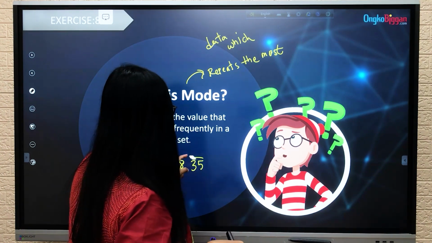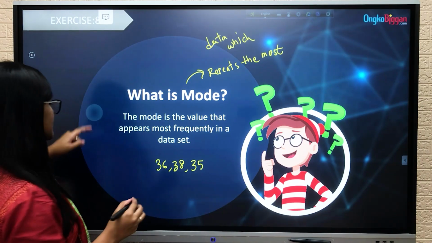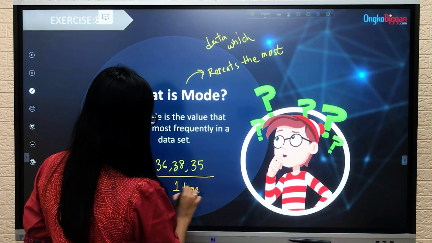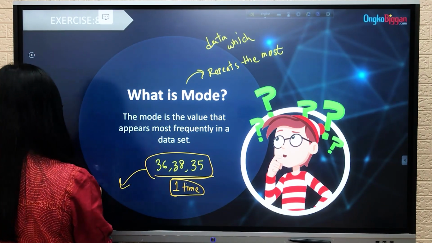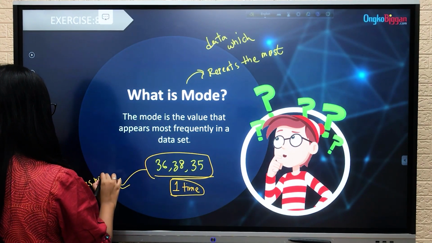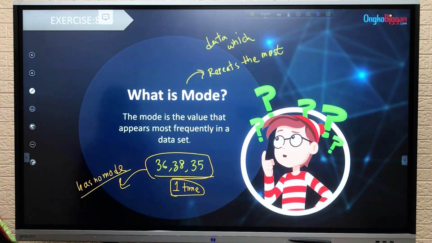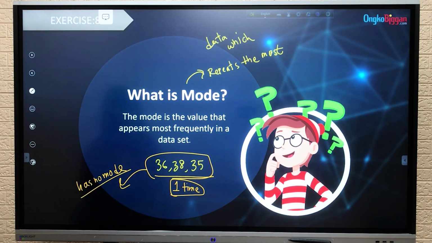If we just have these 3 values, here we can see we have all the values just once. So actually these 3 digits have no mode, because all the digits appear the same time, so there is no mode.